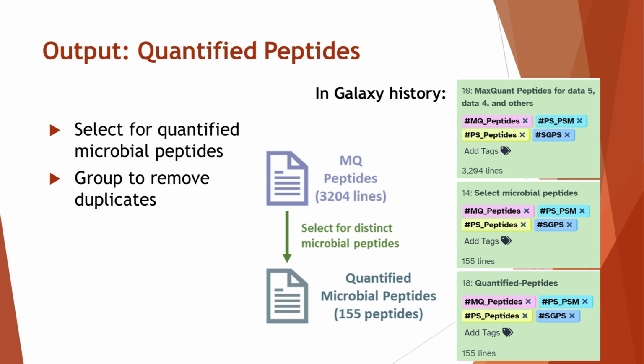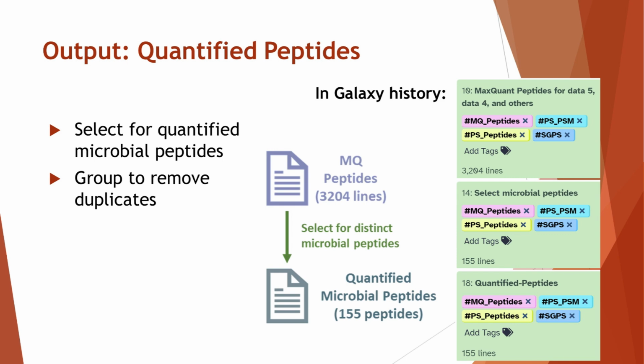At the time of this video, we obtained 155 microbial peptides before and after grouping, so we did not have any duplicates. Please note that tool versions and protein databases are regularly updated, so these numbers may be different for you.